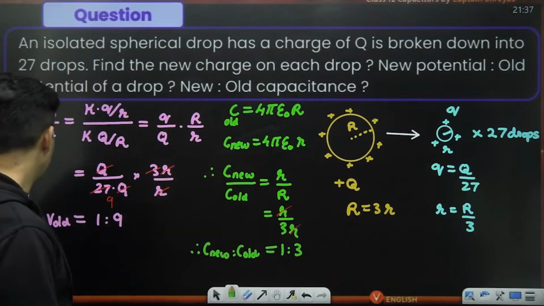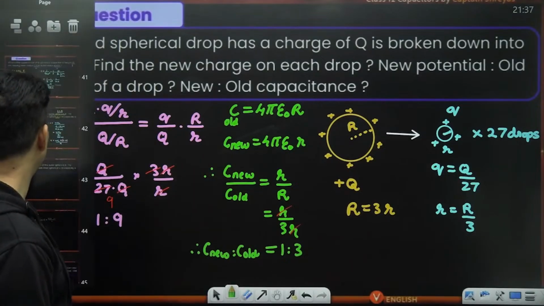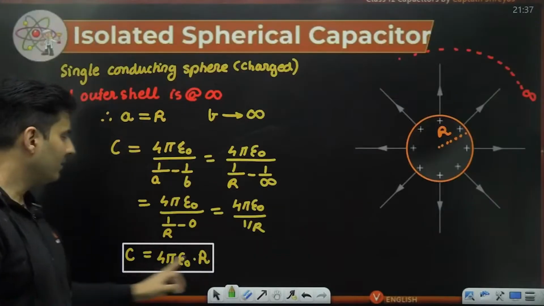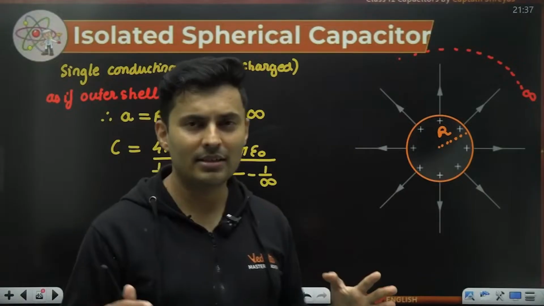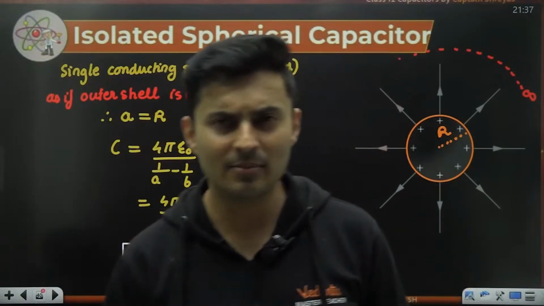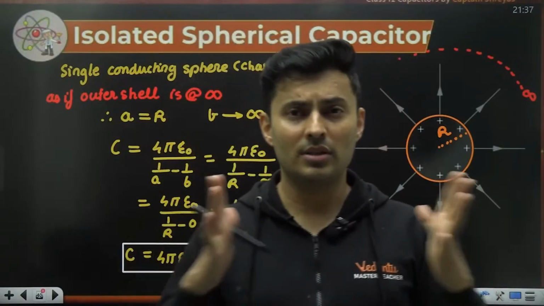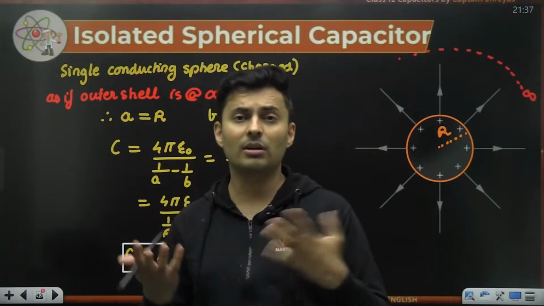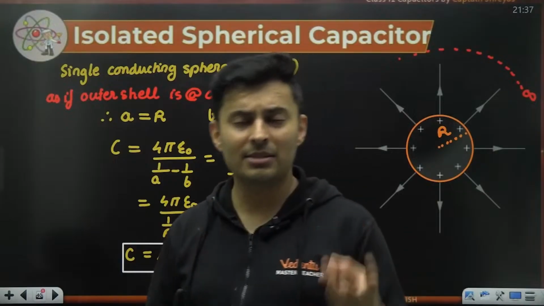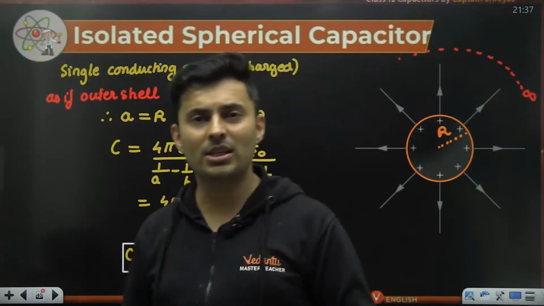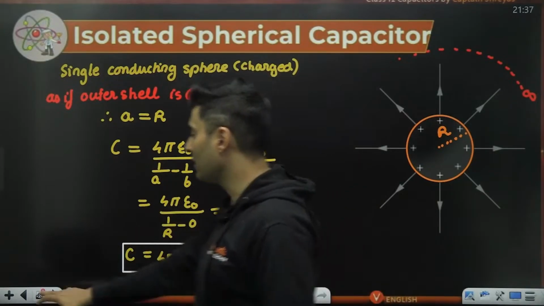So this formula is the recently learned formula over here. So whatever we have learned today: what is capacitance, what is the unit of capacitance, what is the symbol, where does it store the charge, what is the force between the plates, what is the force on a third party charge, what are the different formulas for parallel plate, cylindrical, spherical, and a special case of isolated spherical capacitor.